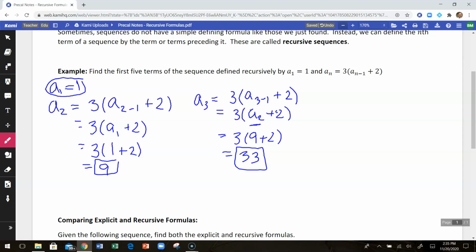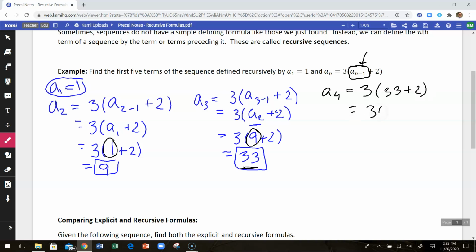Okay, so I hope we're seeing a pattern, and that pattern is this a sub n minus 1 part is simply just being replaced with what was the previous term value. So when I go to find a sub 4, instead of actually working through that, I'm just going to say, hey, I know that in that place, a sub n minus 1, I'm going to use the value of the term right before it, which was 33.